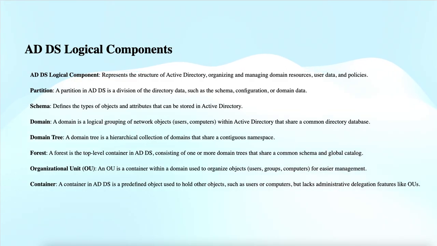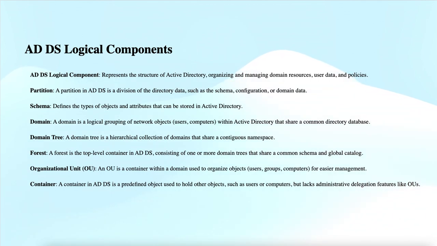Domain tree, where the same domain name is shared. Forest is the top level container which can have multiple domain trees, or a single domain forest can also be used. Organizational units to organize the objects like users, groups, or devices or computers, and to apply the group policy objects on them, and the delegation of control.